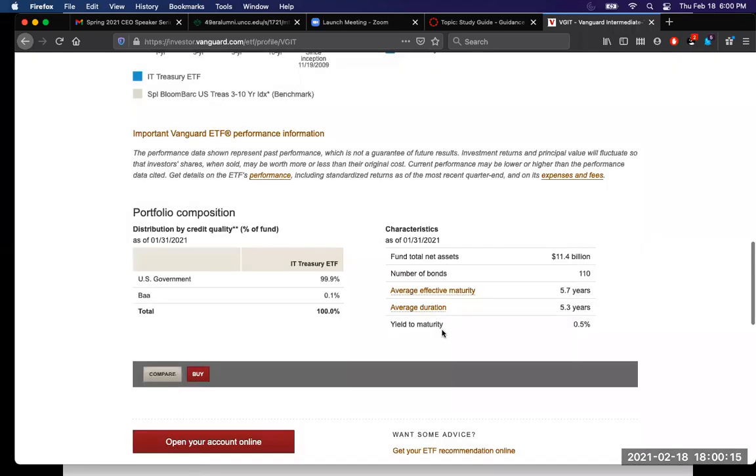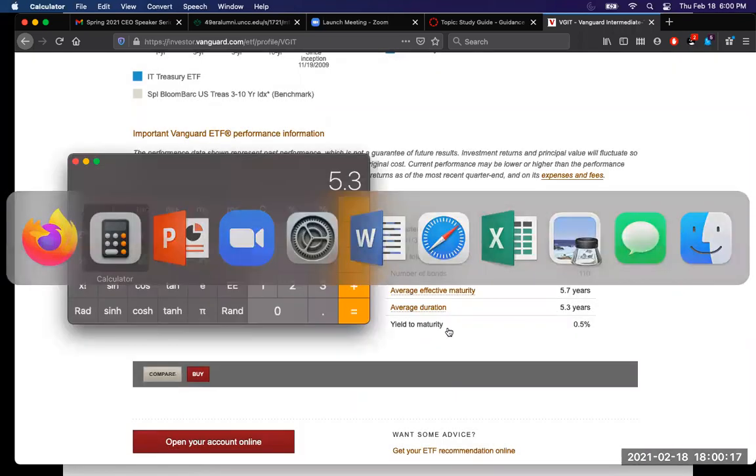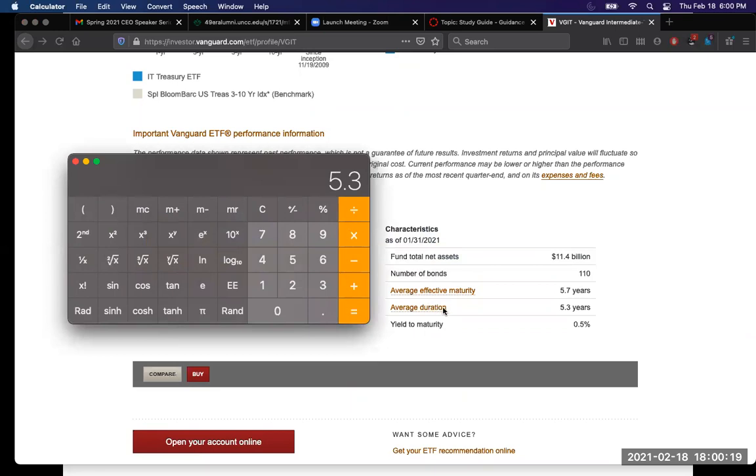Since it does not say modified duration, I'm going to presume that that is actually Macaulay's duration. So 5.3 divided by, and for a semi-annual pay bond, you have to divide the yield by 2. So rather than 1.005, it will be 1.0025, because these are government bonds, they're semi-annual pay. This is the modified duration.